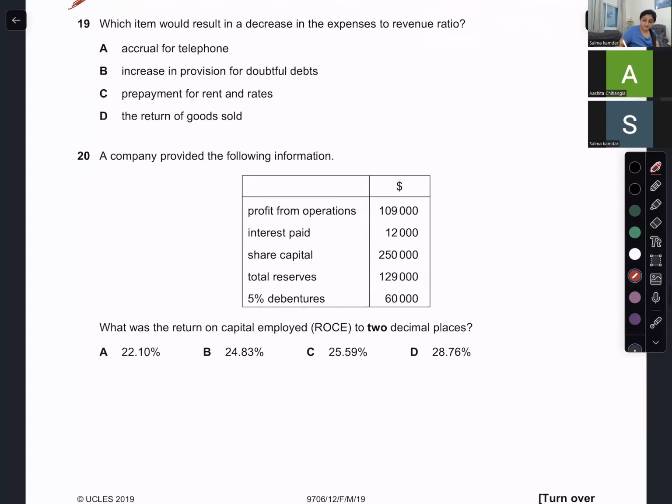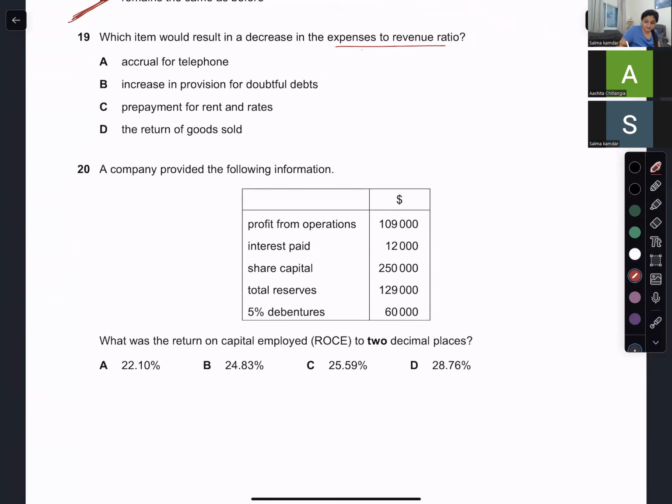Which item would result in a decrease in the expenses to revenue ratio? Okay, expense over revenue. Accrual for telephone, outstanding expense. You want a decrease in the expense to revenue ratio.